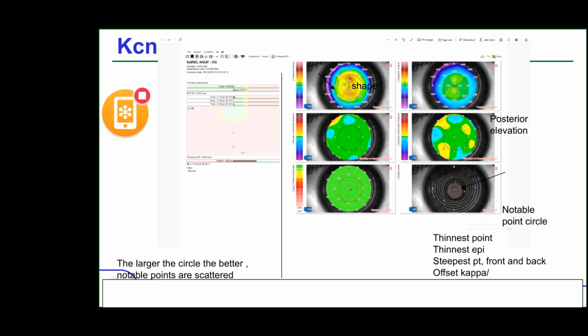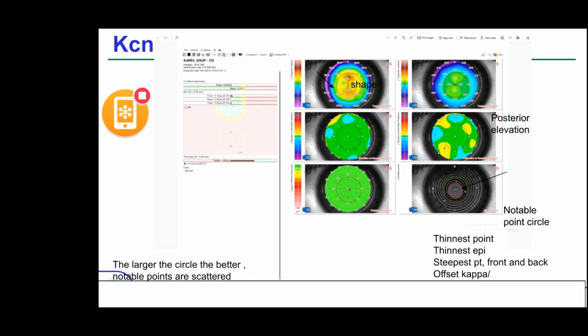One is the best fit spheres to see the elevations. It takes the keratometric values. And you have Holladay also, which takes in Holladay as well as Belin. So it also takes in the ellipsoid, the toric ellipsoid value, which is called the float in Pentacam, and other things.